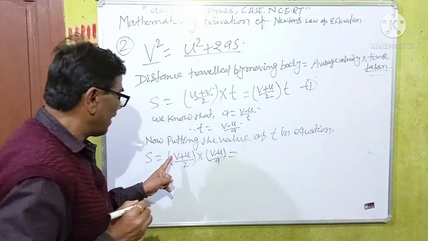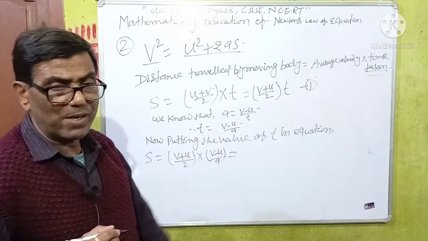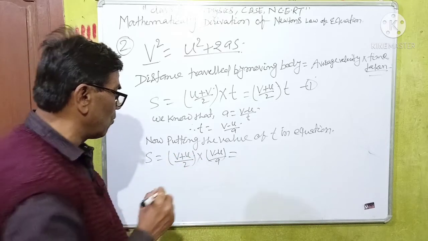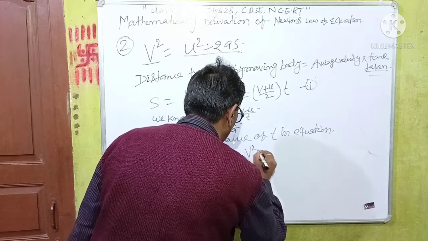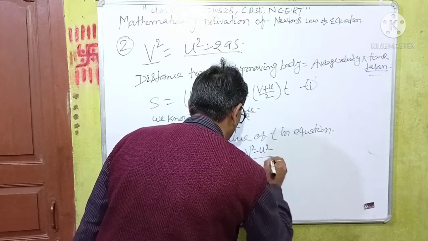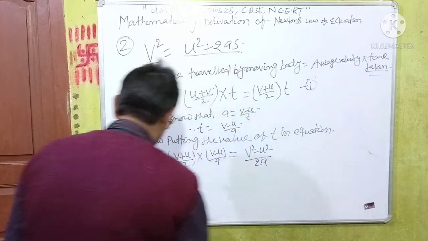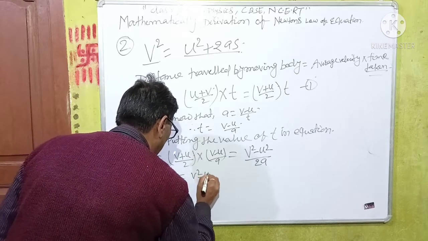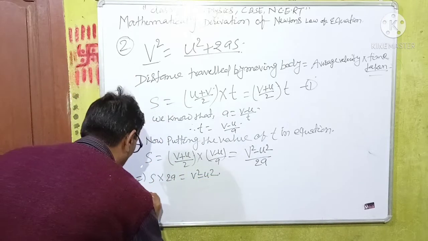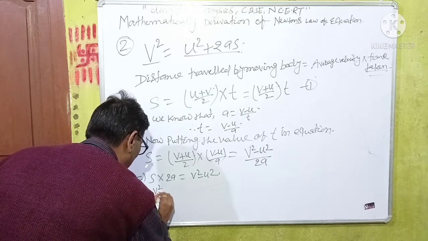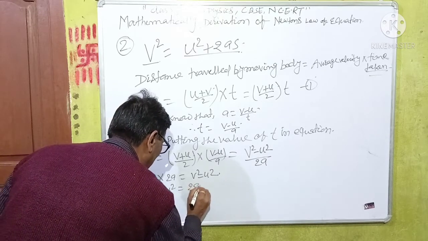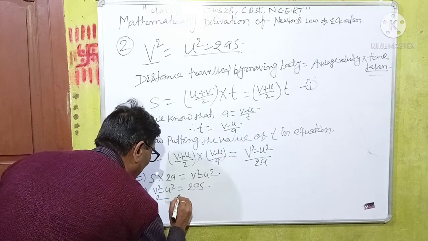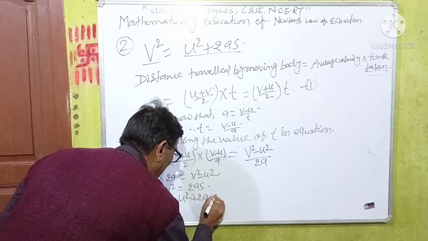We know that (a + b)(a − b) = a² − b². So (v + u)(v − u) = v² − u², over 2a. Now s × 2a = v² − u². Therefore v² − u² = 2as, so v² = u² + 2as.